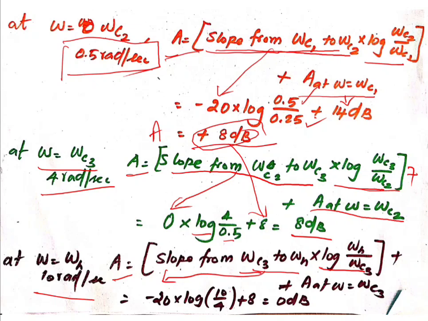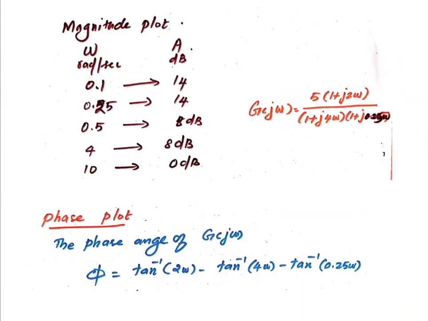Here 10 is omega h, the high frequency, 10 radians per second, and omega c3 is 4 radians per second, plus the gain at omega is equal to omega c3. The gain at omega c3 is 8 dB. So we use the calculator and find the value. This is 0 dB. So we got the gain for the different set of frequencies, that is omega low frequency, c1, c2, c3, and also omega h.